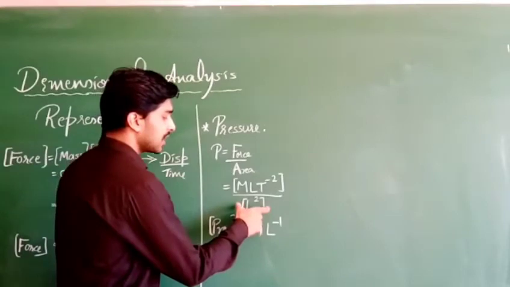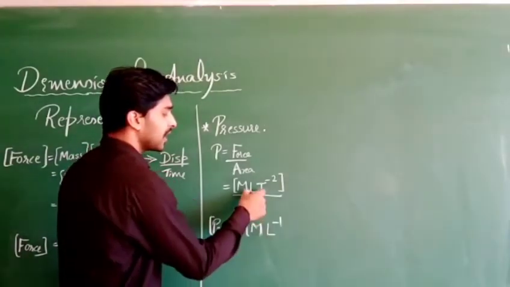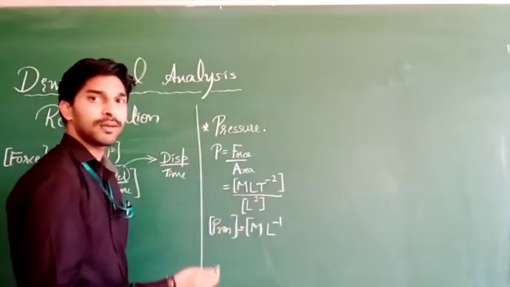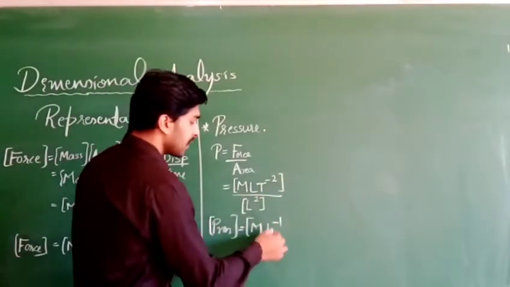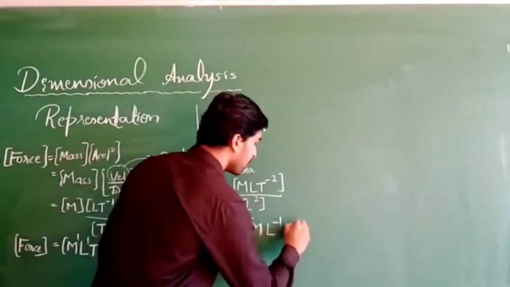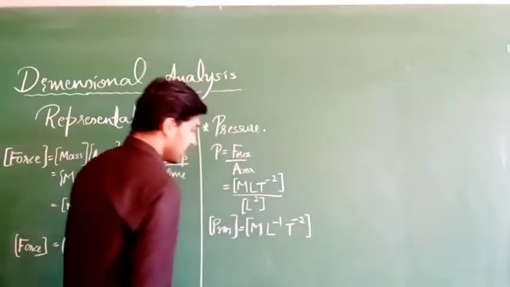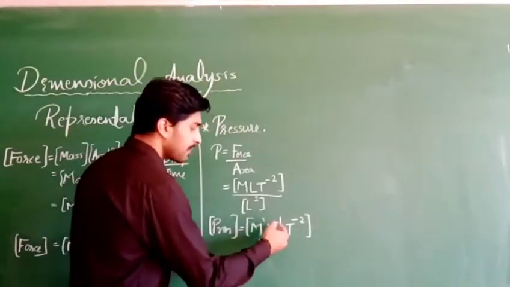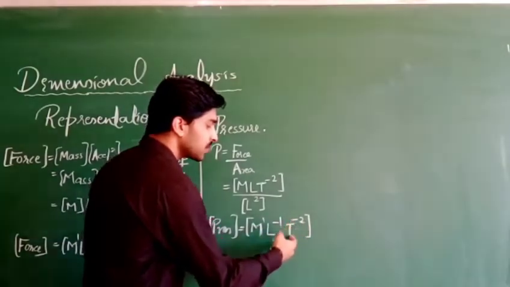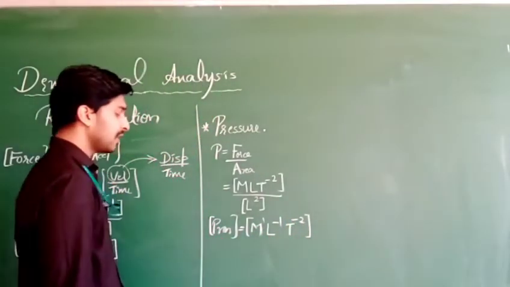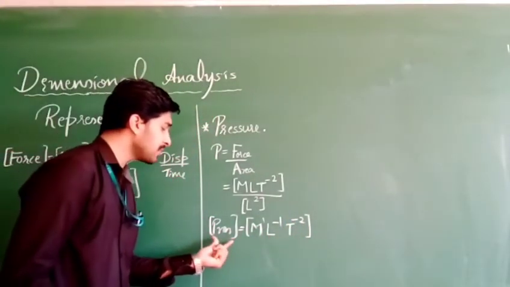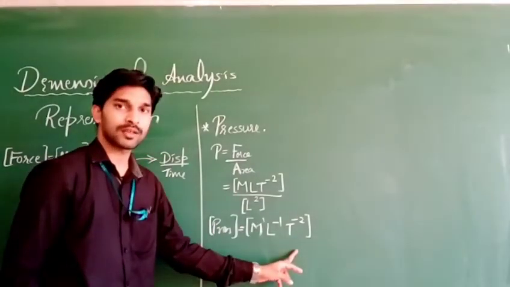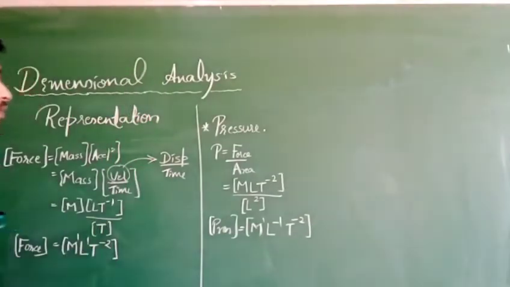So M L power minus 1 T power minus 2. So dimensions of pressure are 1 in mass, minus 1 in length, minus 2 in time. If anybody asks you to calculate the dimensional formula for pressure, you should derive it step by step. Clear? Shall we go to one more example?